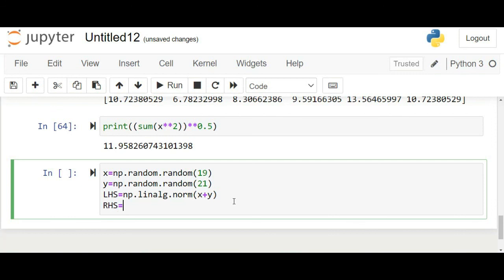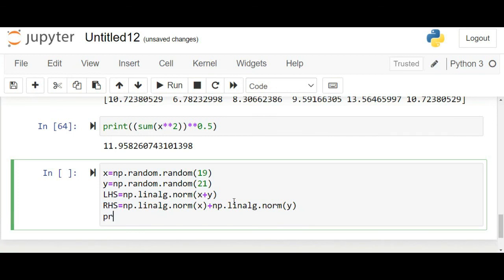And the right hand side is equal to np dot linalg dot norm of x plus np dot linalg dot norm of y.